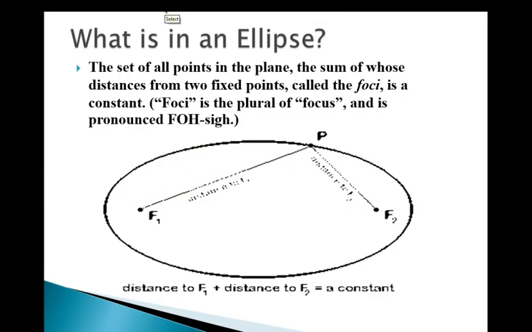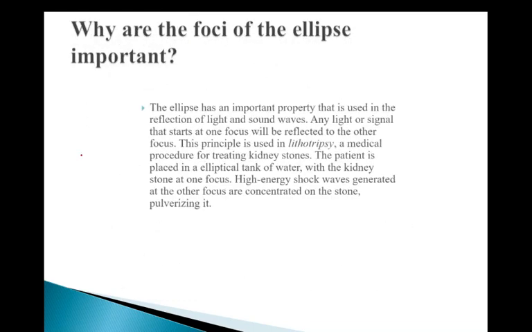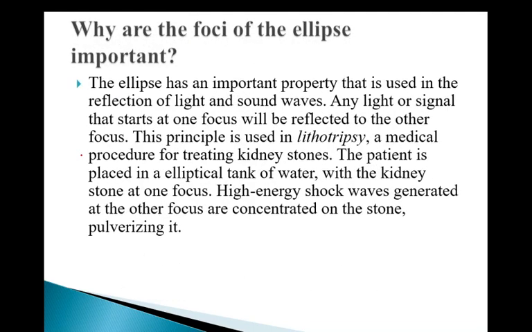Another thing that we use the ellipse for is medicine. There's a medical procedure where they use an elliptical tank, and people with kidney stones or gallstones or anything like that are put in this tank of water, and as the concussive waves it creates travel through the water, they don't lose momentum.